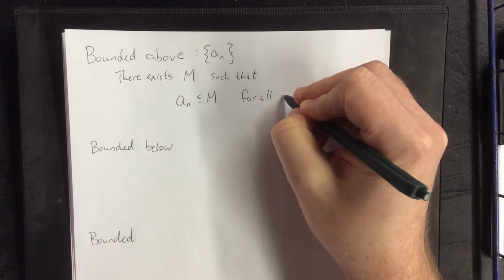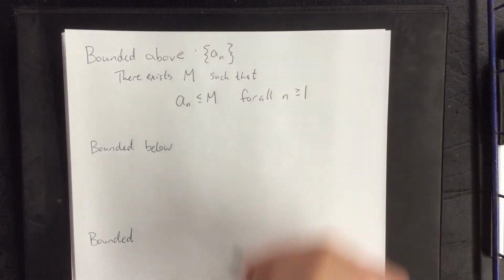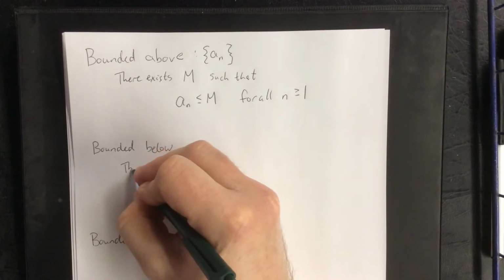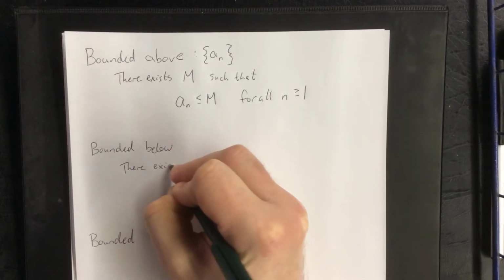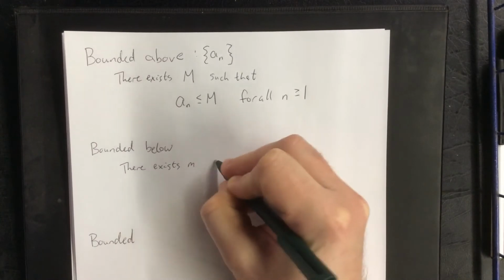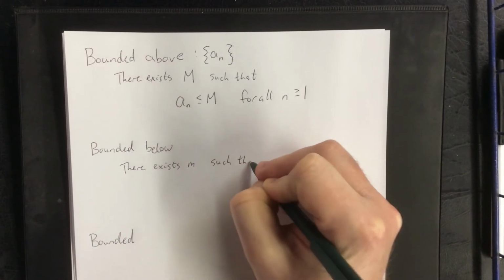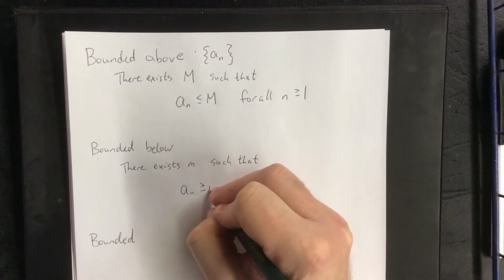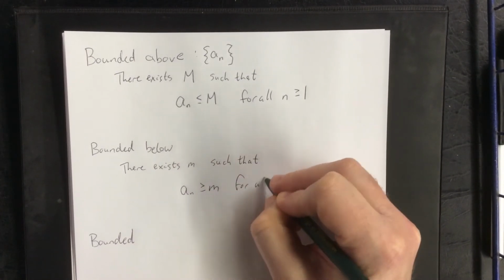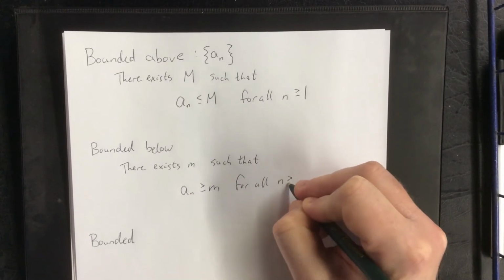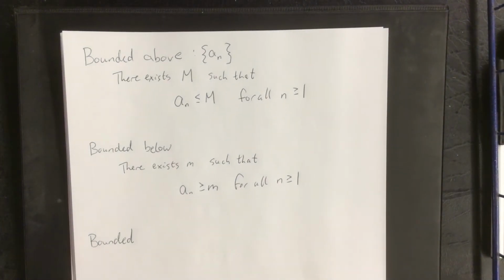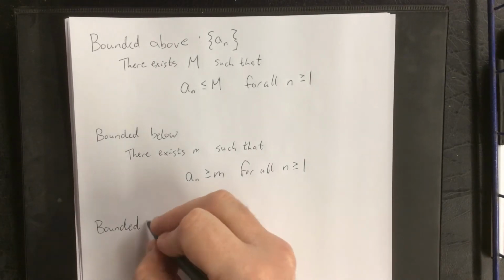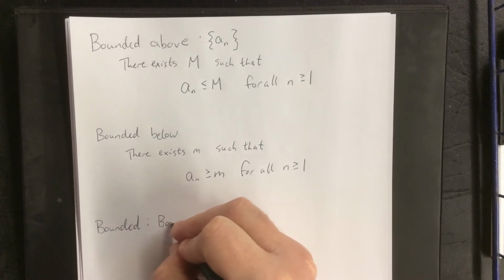That'll be for all n being greater than or equal to 1. Bounded below is essentially the opposite. There exists little m such that a sub n is greater than or equal to little m for all n being greater than or equal to 1. If something is both bounded above as well as bounded below, then we refer to it as bounded.